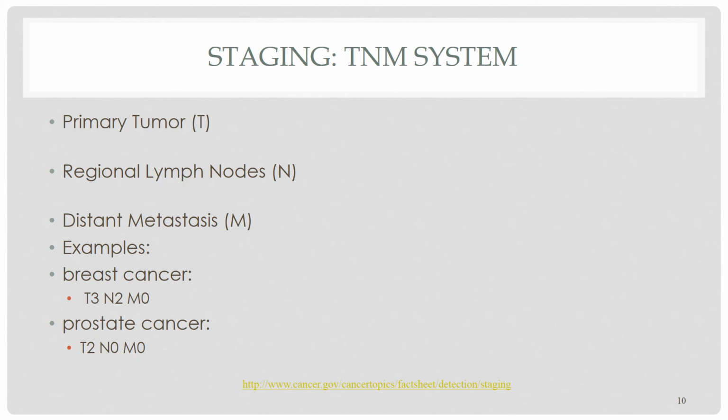So let's look at these examples. Breast cancer example, we're looking at T3, N2, M0. So T3 reflects a relatively large tumor that's spread to nearby lymph nodes, but thankfully not to other parts of the body. There is no metastasis. The next example is prostate cancer, T2, N0, M0.